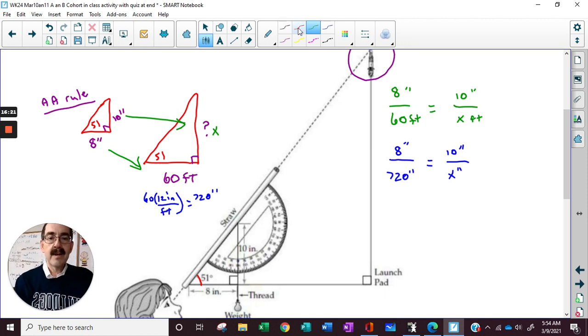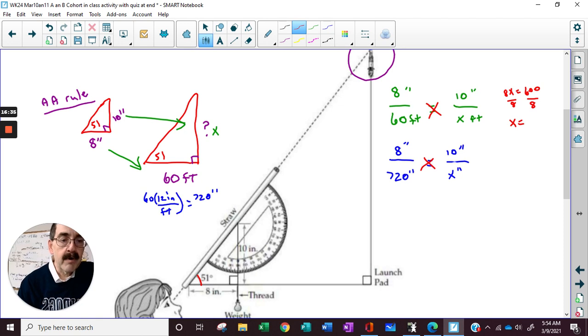Again, we're just doing the cross multiply here. 8X equals 7,200, divide by 8, divide by 8, and X equals something.